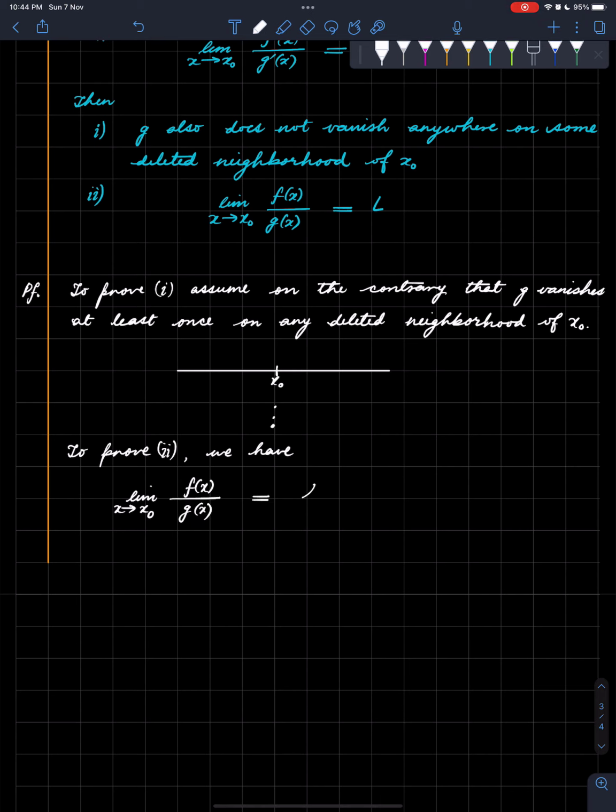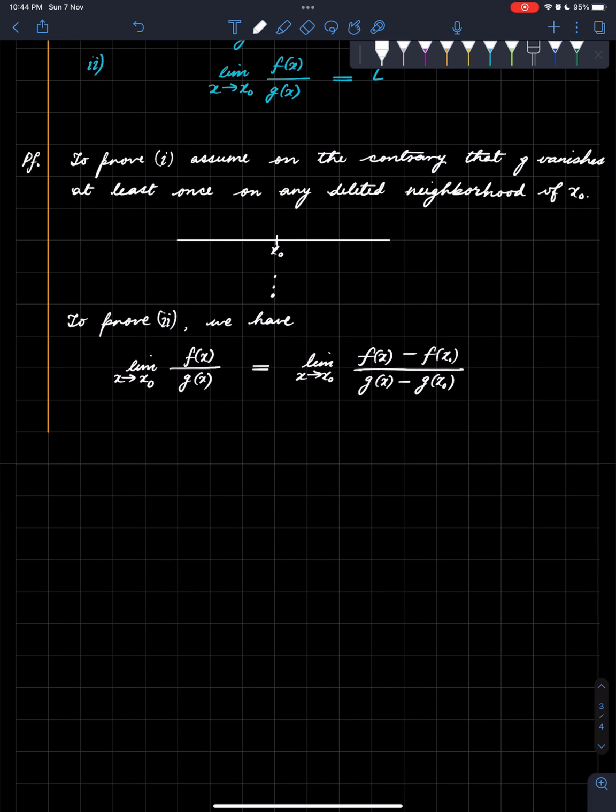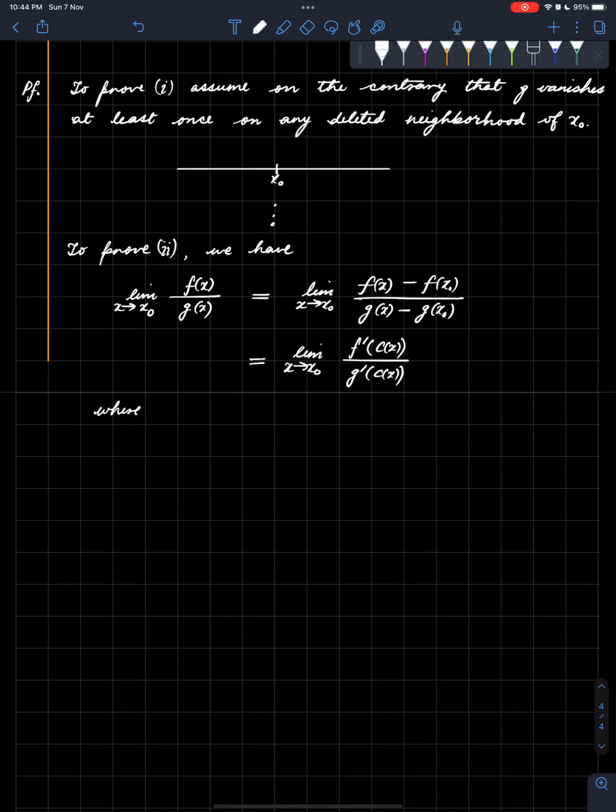But we can write this as f(x) minus f(x naught), because f(x naught) is 0, upon g(x) minus g(x naught), because g(x naught) is 0, which by Cauchy's mean value theorem is equal to the limit, x going to x naught, of f prime of c(x) upon g prime of c(x), and I will say what I mean by c(x), where c(x) is a point strictly between x and x naught.